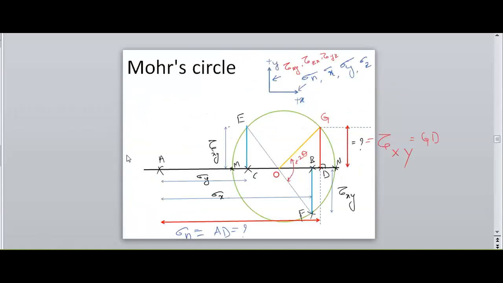So we have a graphical method for finding the normal stress and shear stress on the oblique plane, and also to find the principal stresses applied on the oblique plane.